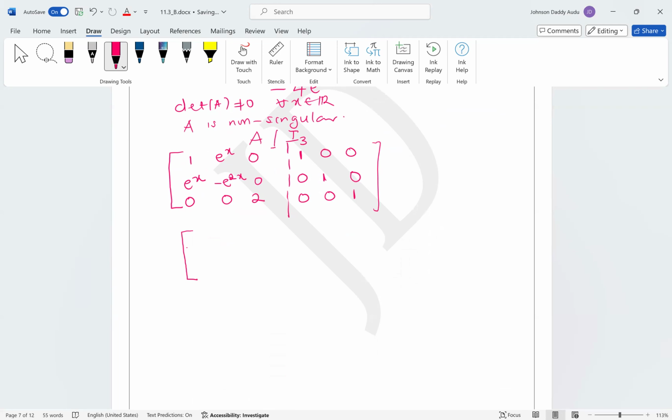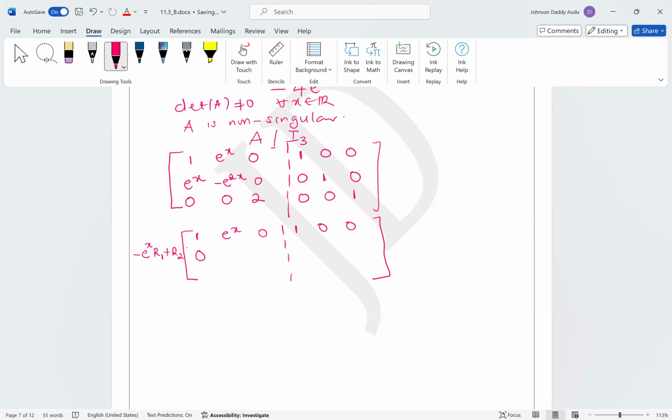So it's going to be minus e^x times R1 plus R2. Remember, this will still be 1. This will be e^x. This will be 0. This is 1, 0, 0. So this is going to be 0. See that?